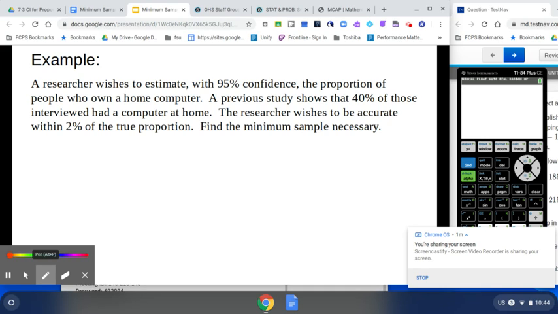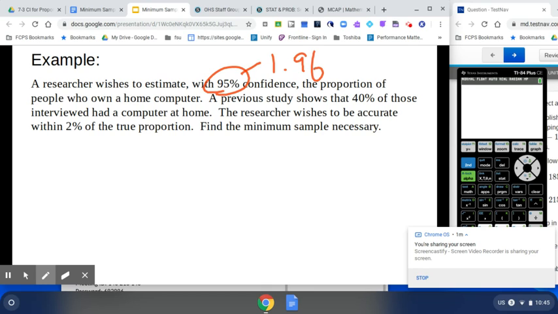All right, so picking out the important information from the prompt. We want 95% confidence, so the z critical value that's associated with 95% is 1.96. Again, we would find this from the z chart, and since 95% would be in the center of the distribution, we would look up on the negative z chart the closest value to 0.025 in the middle.